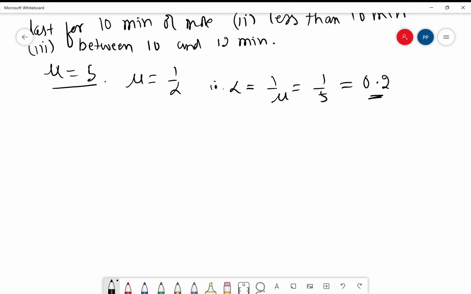Suppose if 5 is 3, then I won't take the decimal equivalent because you're getting recurring decimal places. Here, since I'm getting an exact value as a decimal, I'm taking the decimal value. Instead of 5, if it is 3, don't take it as 0.333, you take it as 1 by 3 only. Fine. Okay, now the PDF is f of x or p of x, what is alpha here?